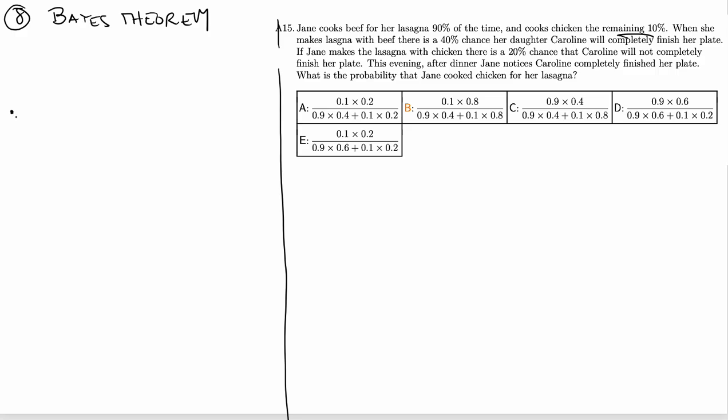Usually what I do to remember how to derive Bayes' theorem is just use the sick, healthy problem. You can be sick or you can be healthy. And then you can go and do a test, and you can return positive for the disease or negative.